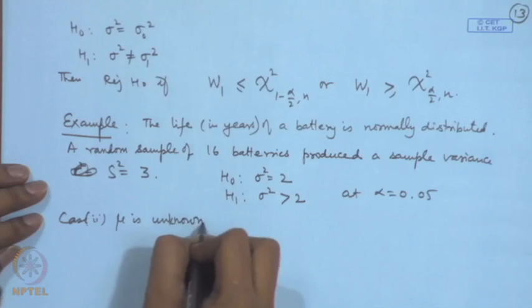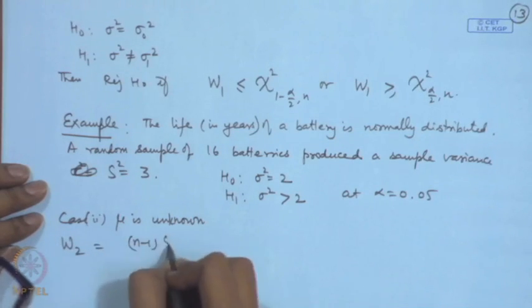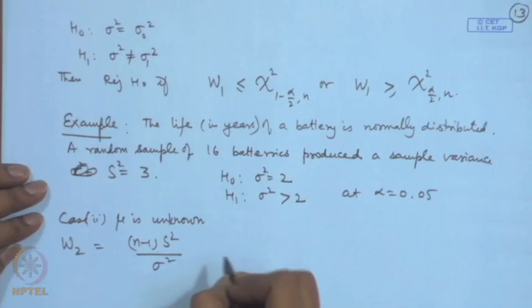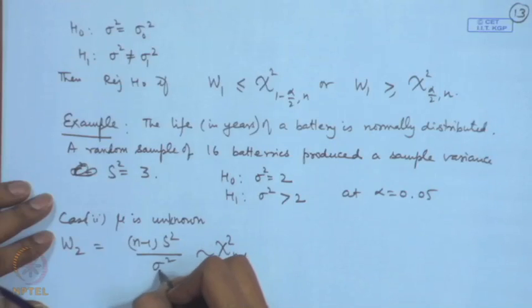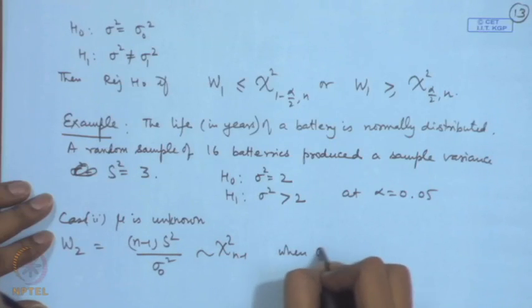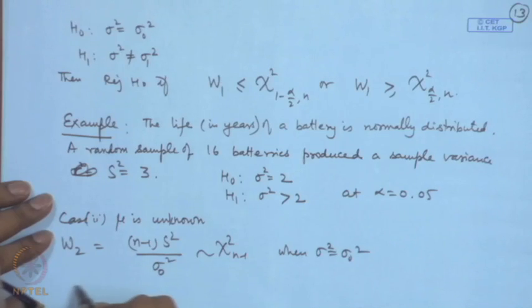When mu is unknown, then we consider the quantity W2 is equal to n minus 1 S square by sigma square, that follows chi square n minus 1 when sigma square is equal to sigma naught square. So, the tests will be based on this, that is rejection regions and acceptance regions.